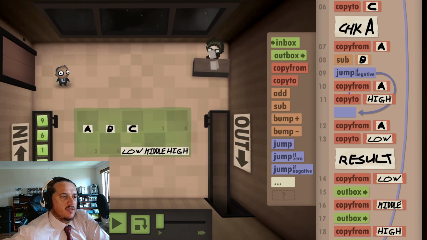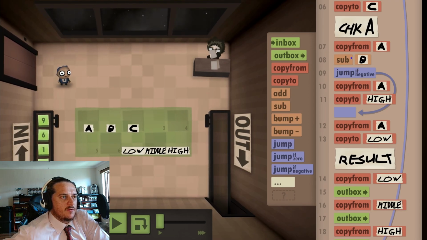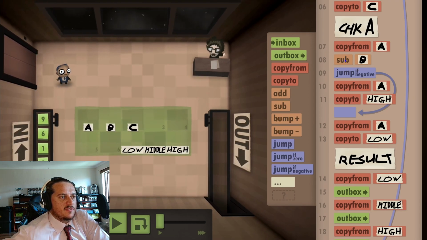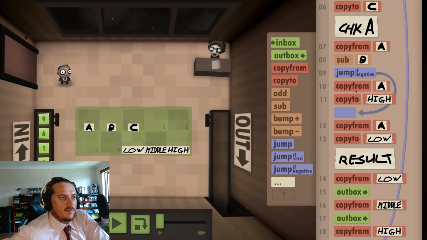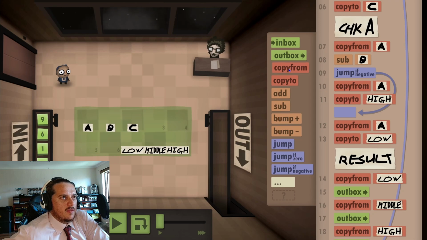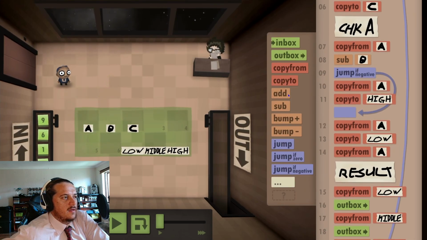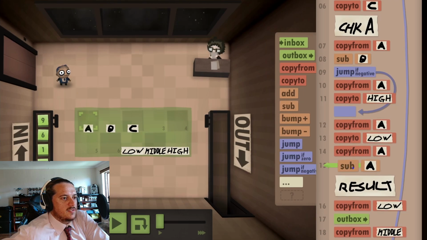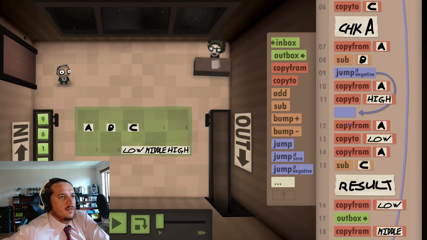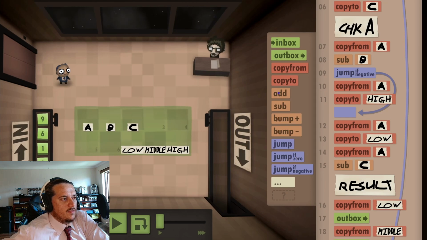So I want to check it with all three, right? So if it's negative here, then we've got to go there, and then I need to copy from A and sub C, and then we do the same thing.